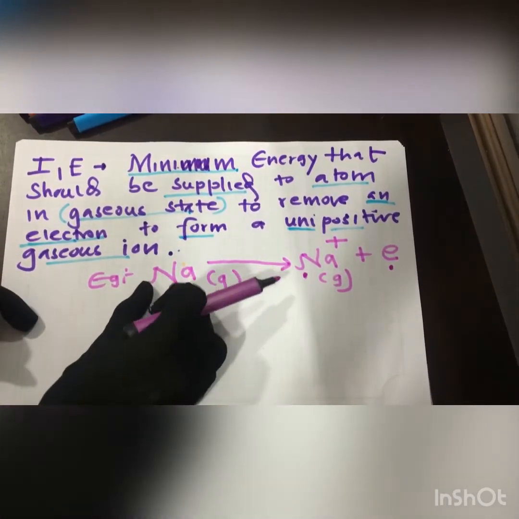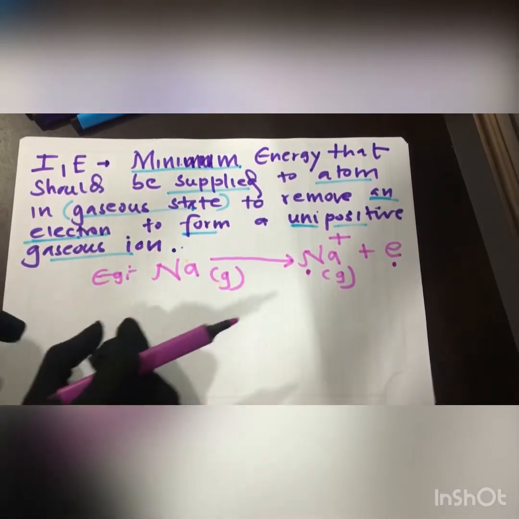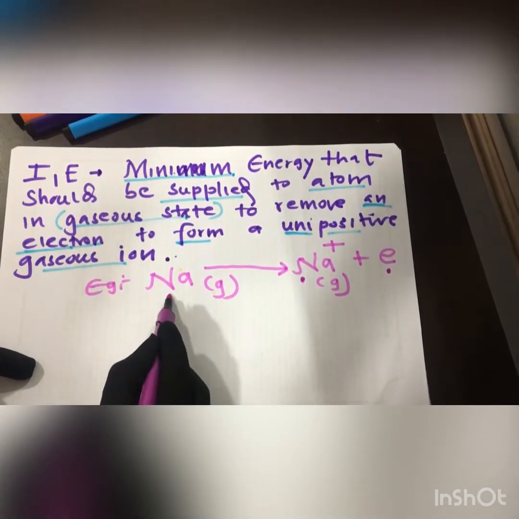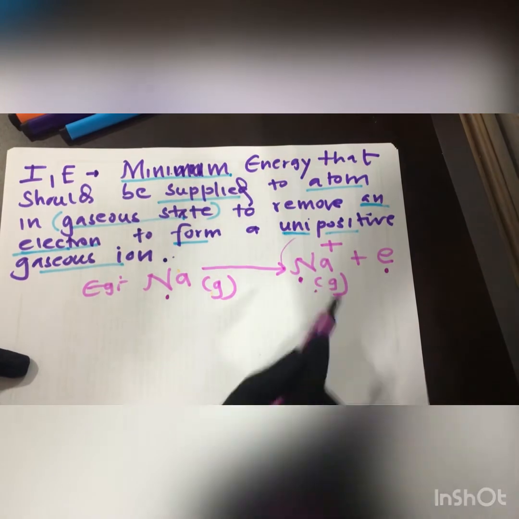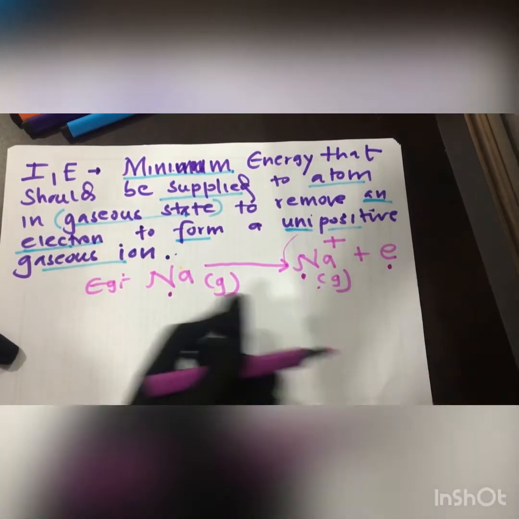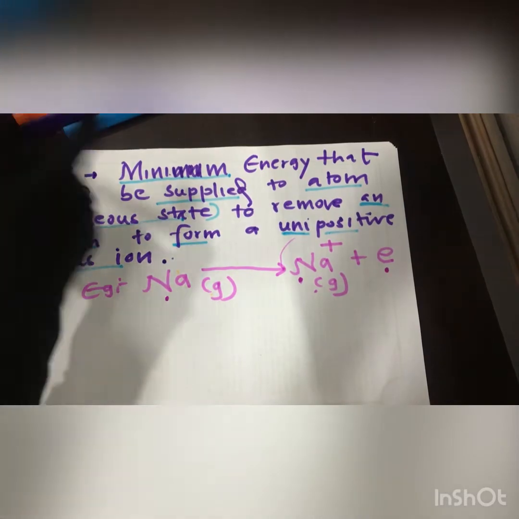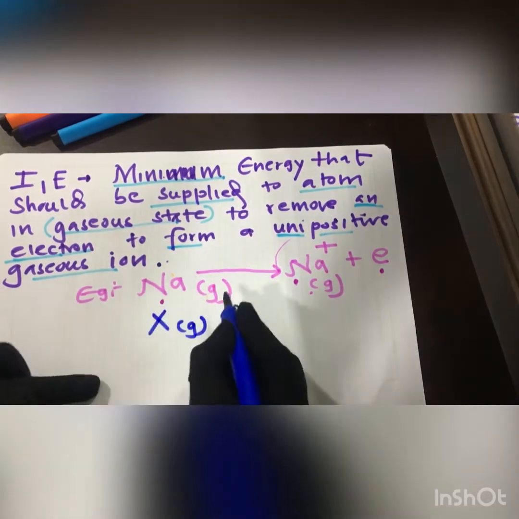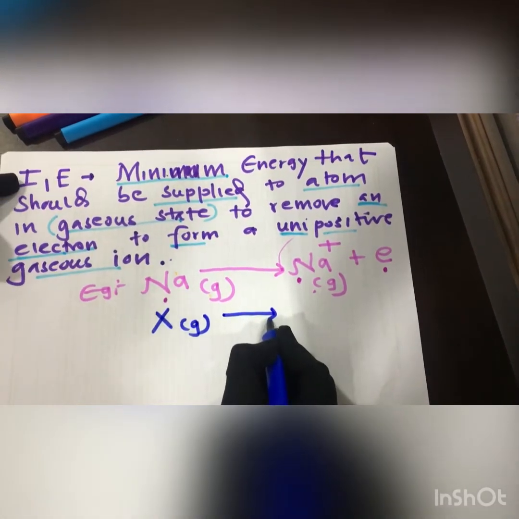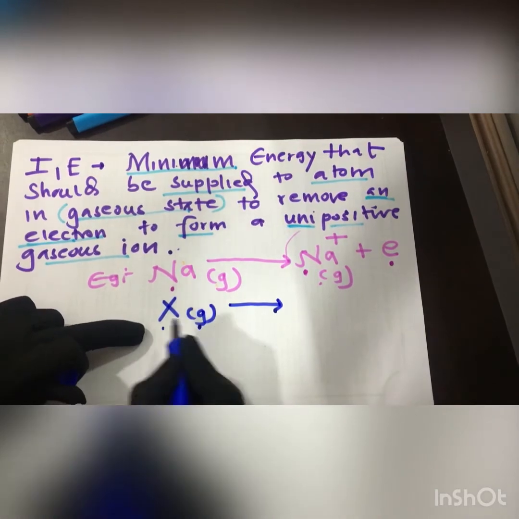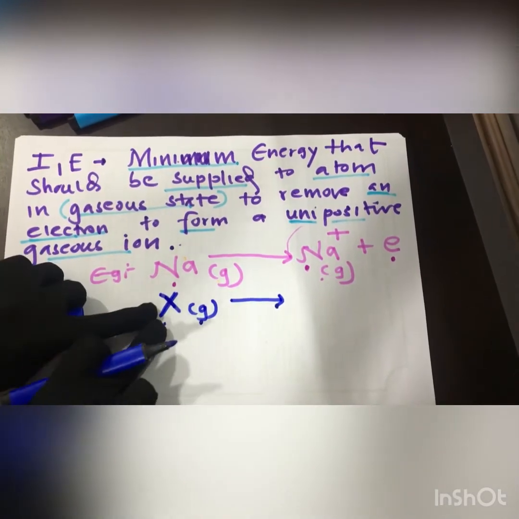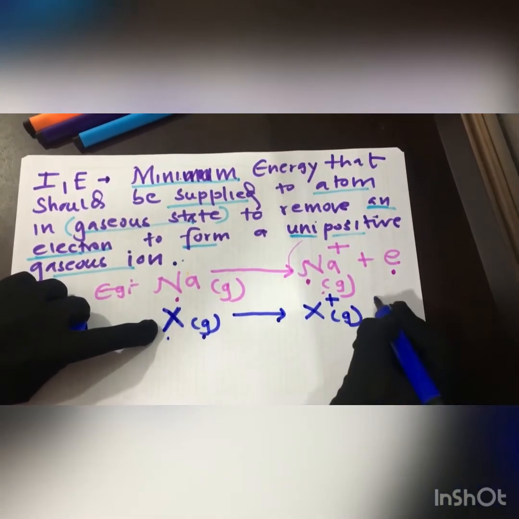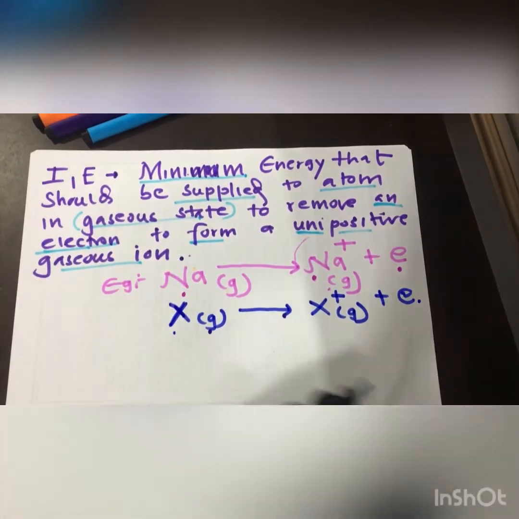That means the minimum energy we supply to an element in gaseous state to remove one electron to form the unipositive gaseous ion. So this is the equation. The common equation for the first ionization energy is X in gaseous state gives X+ in gaseous state plus one electron. X means you can take any element.